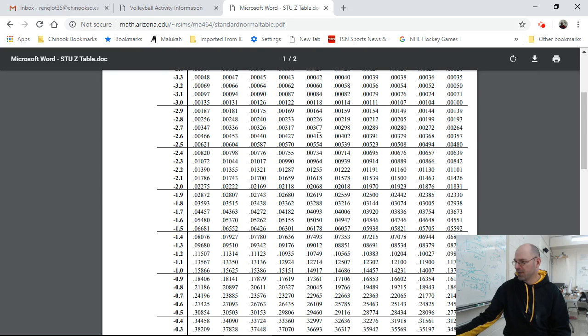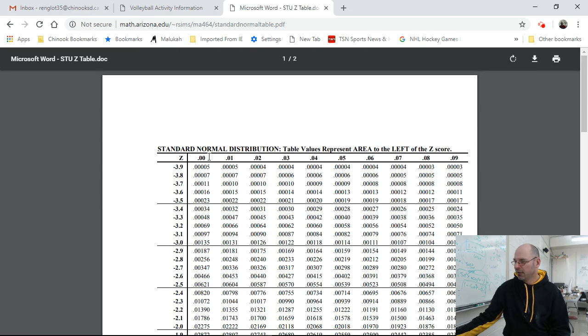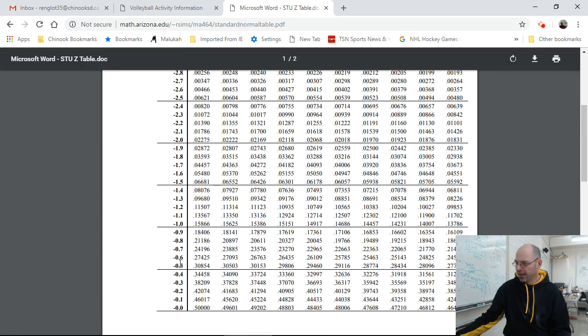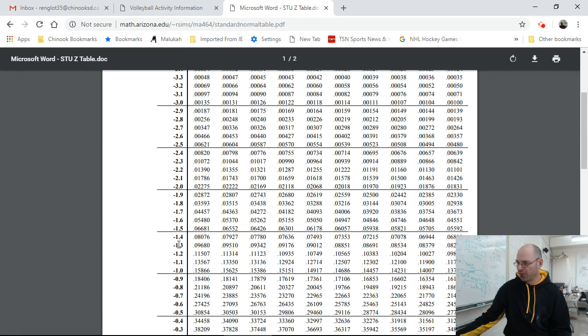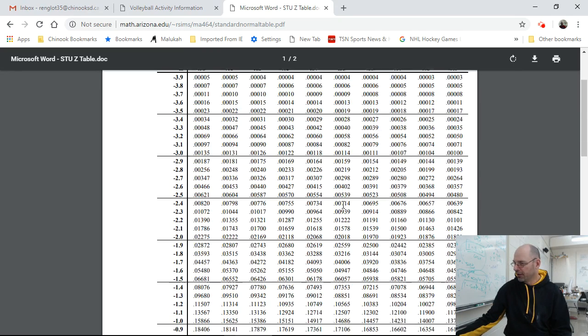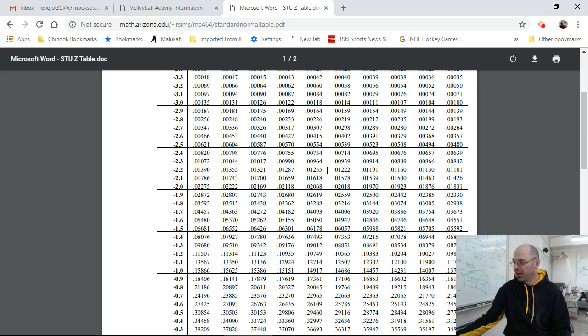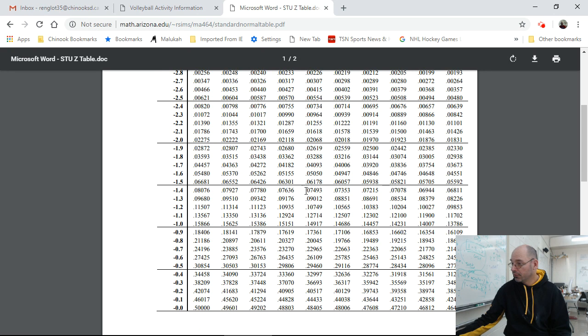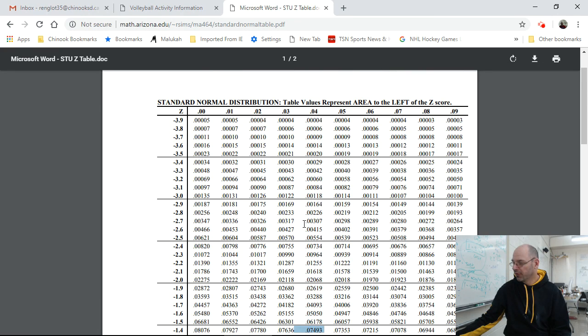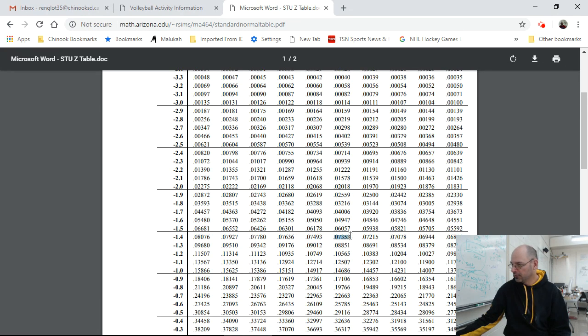These numbers underneath here represent the Z-score. So if you had negative 1.45, you go 1.4 and then 5 would be right in here. Oh, that's 1.44, pardon me. Right there in this particular table.